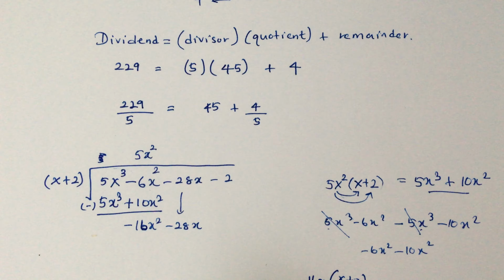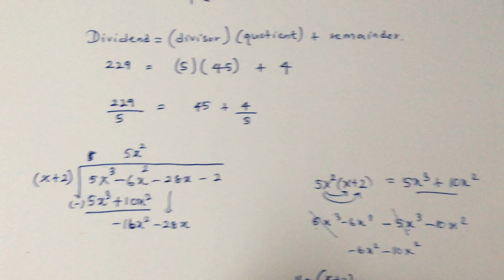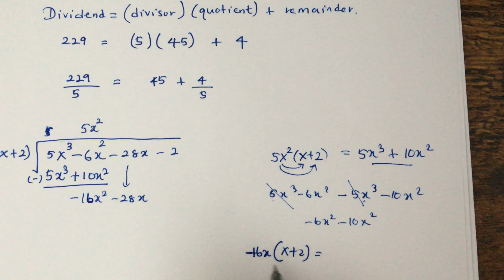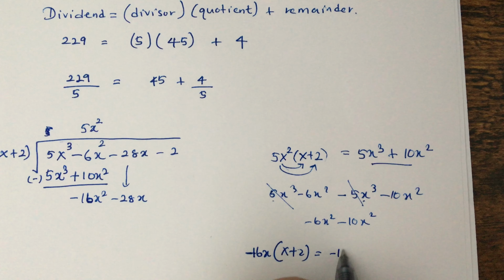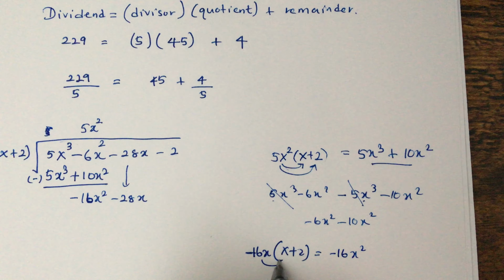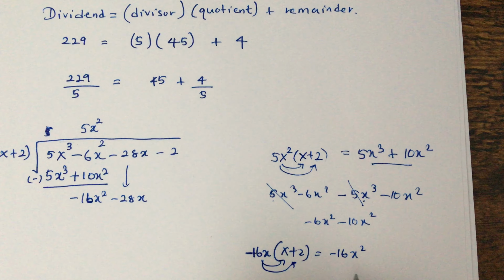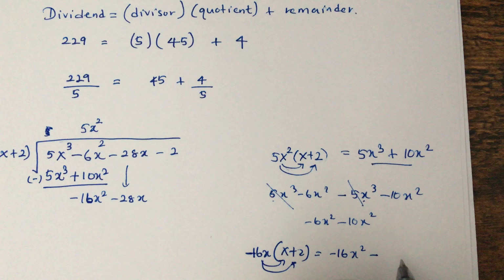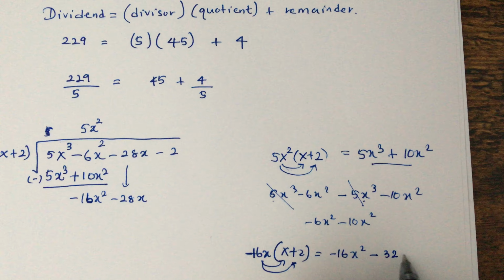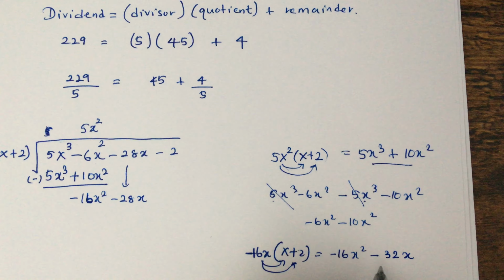Then negative 16x times x plus 2 gives you negative 16x squared, and negative 16 times 2 is negative 32x, right?